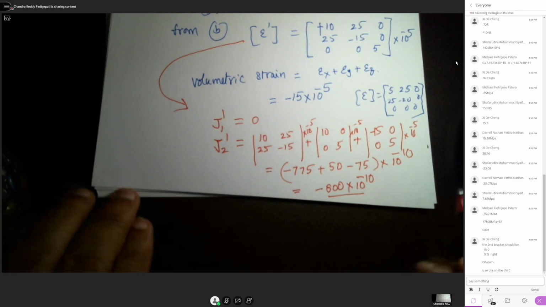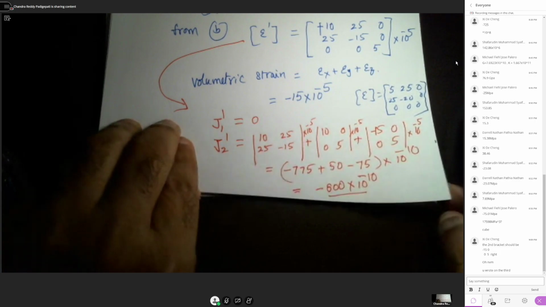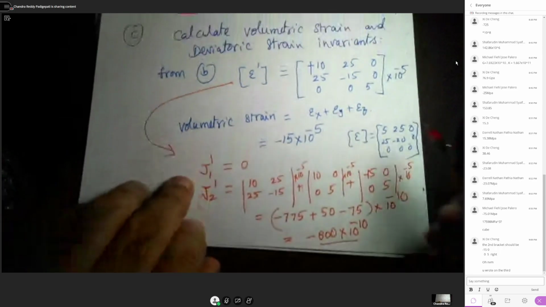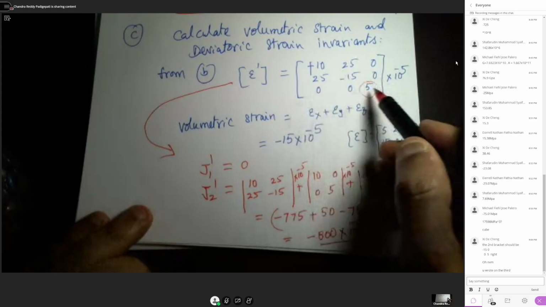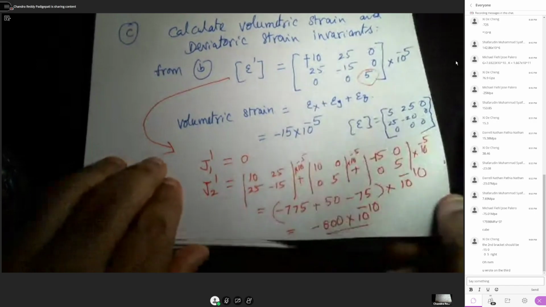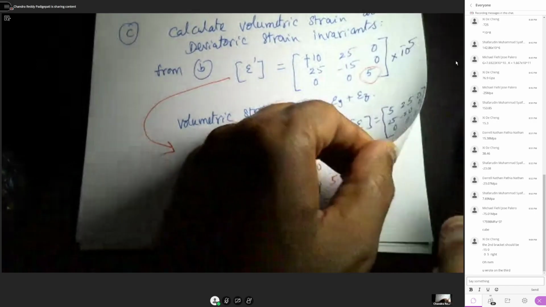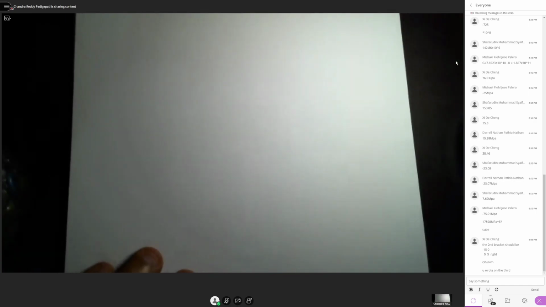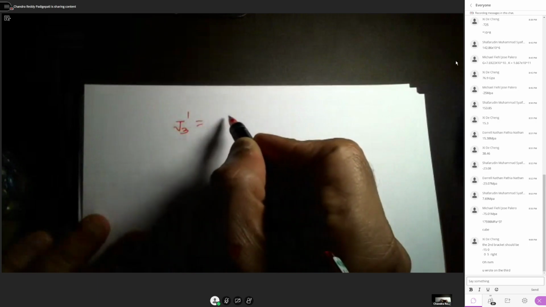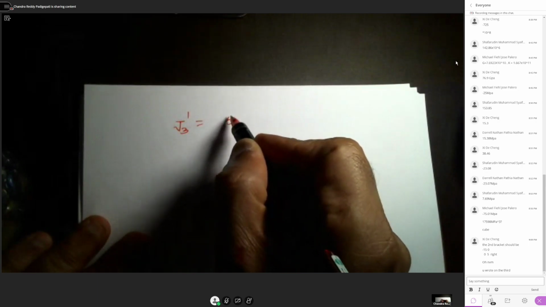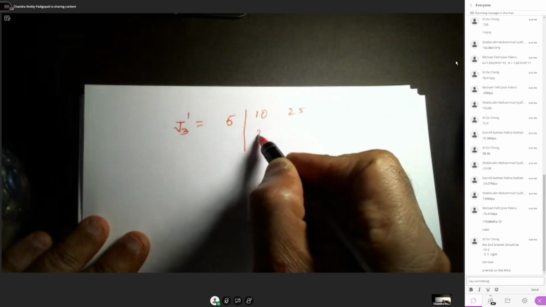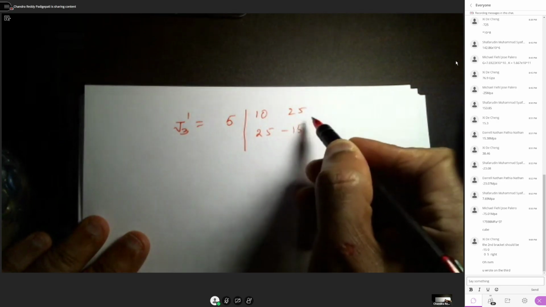All right, next you can calculate the third deviatoric invariant, J3 dash. Again, use the third row. So J3 dash is, I just take 5, then I write 10, 25, then 25, minus 15.